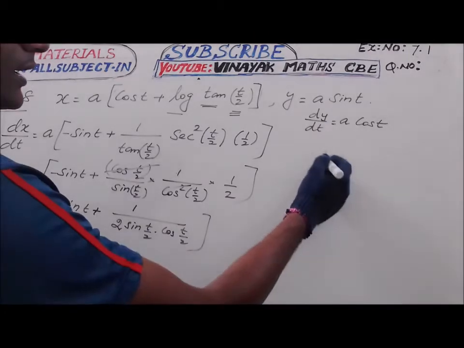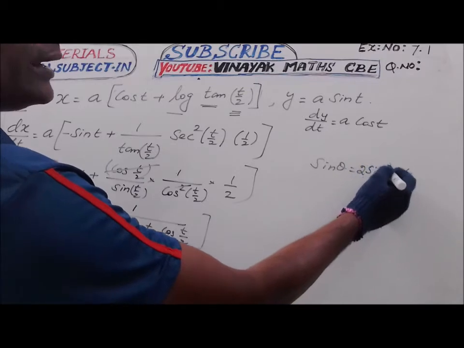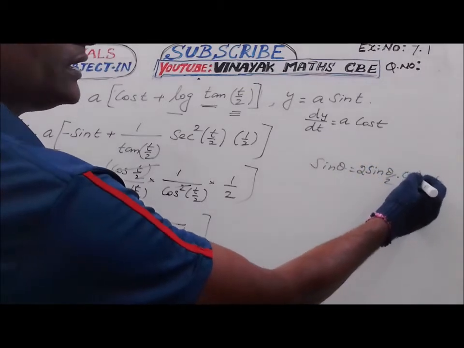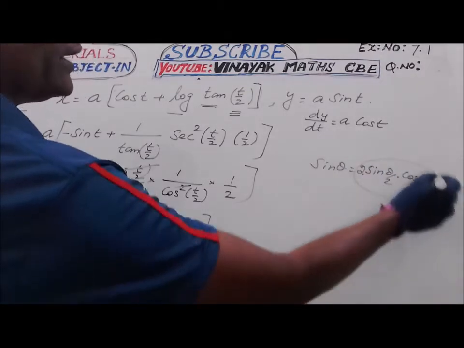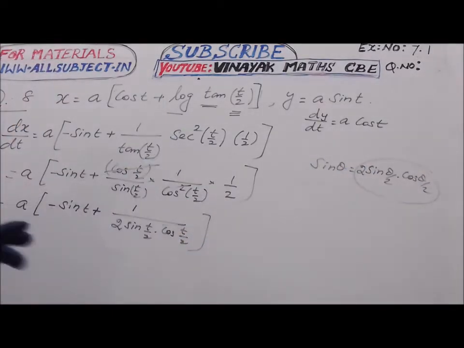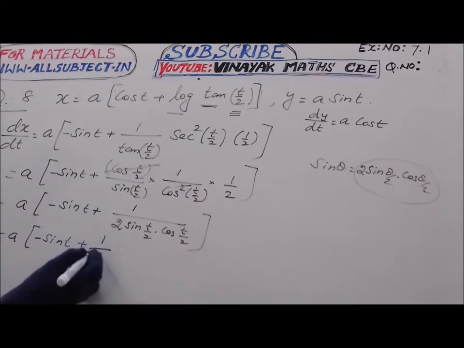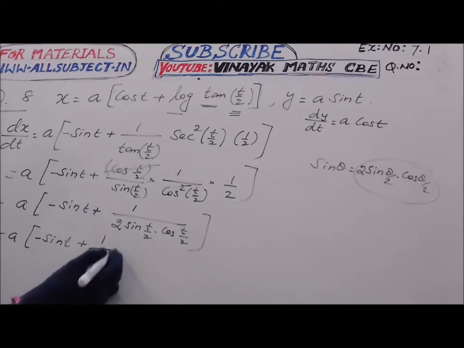We have a formula: sin theta equals 2 sin theta by 2 into cos theta by 2. By applying this formula, the total denominator will be equal to sin t, which is equal to a into minus sin t plus 1 by sin t.